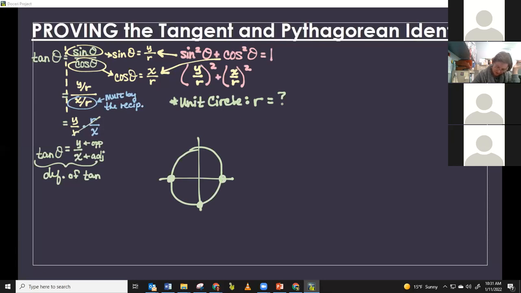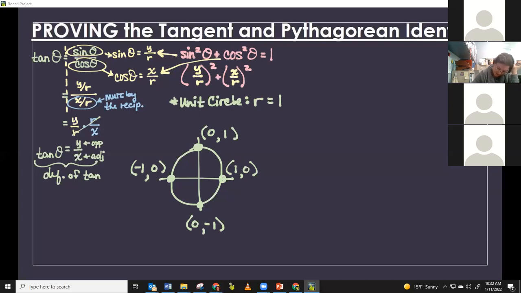How far out do we go in any direction? What are my ordered pairs here? Yeah. 1, 0, 0, 1, -1, 0, 0, -1. So in my unit circle, the radius is 1.